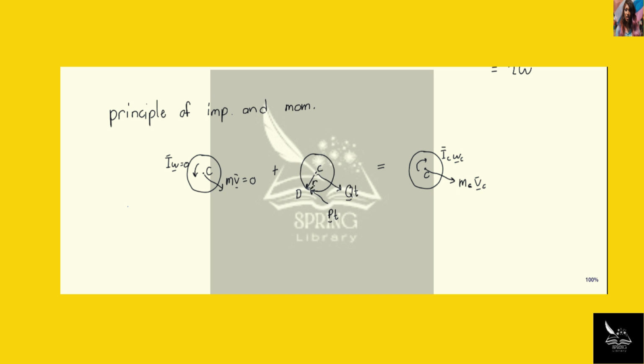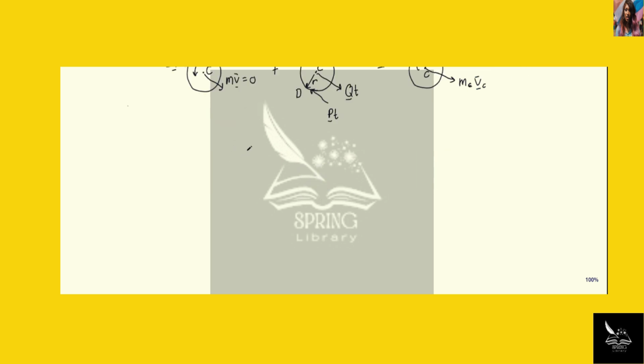At point D, which is the edge of disk C, we have an impulse Pt, and that impulse is due to gear B, which is acting on disk C. And the final system moves with angular momentum I bar omega C and linear momentum of the center of C, mC v bar C. So that's from our principle of impulse and momentum.